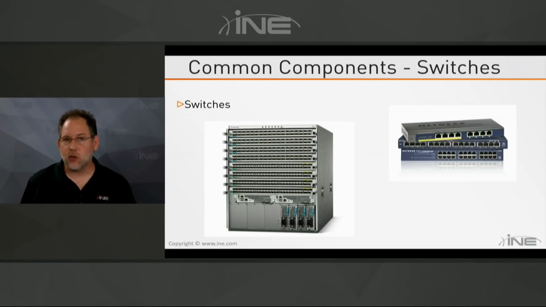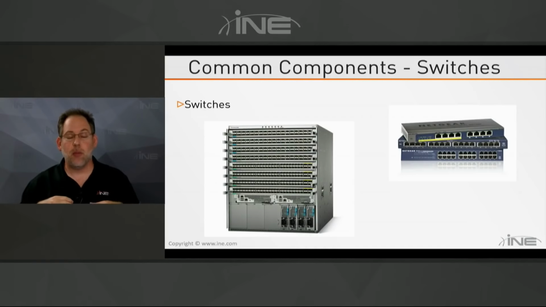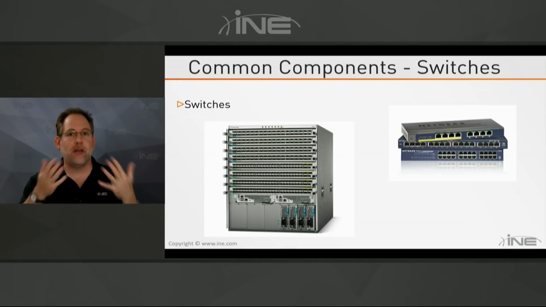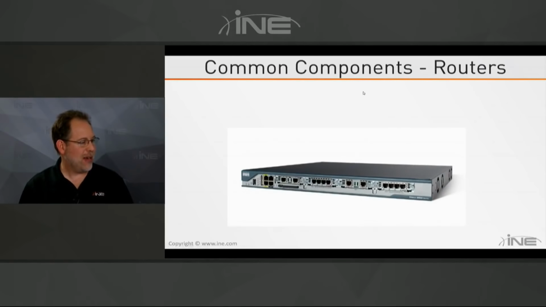I need something other than a switch to do that. Or I need to implement some security and other types of features in my network that give me more control over where the data is going, the paths that data is selecting to use, where stuff can go, and I want more control over that. Well, that's where people would typically buy a router.